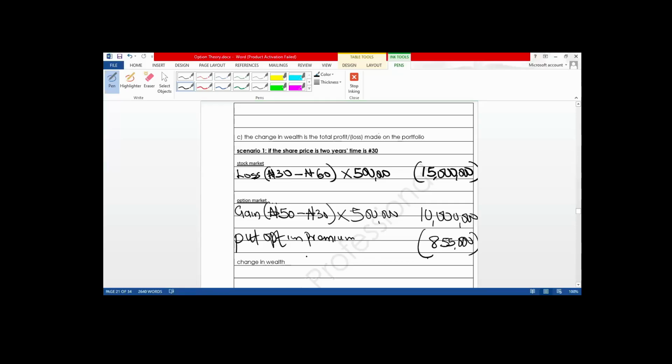What is the change in the wealth? Negative 15 million plus positive 10 million minus 855,000.